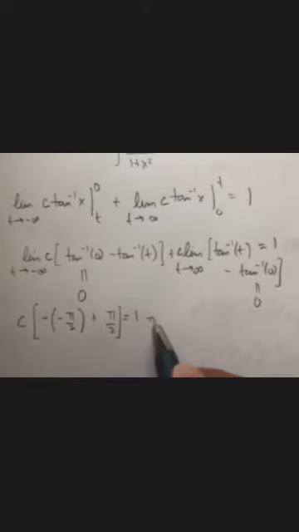So this means c times pi equals 1, or c equals 1 over pi. So if c equals 1 over pi, then the given function is a probability density function.